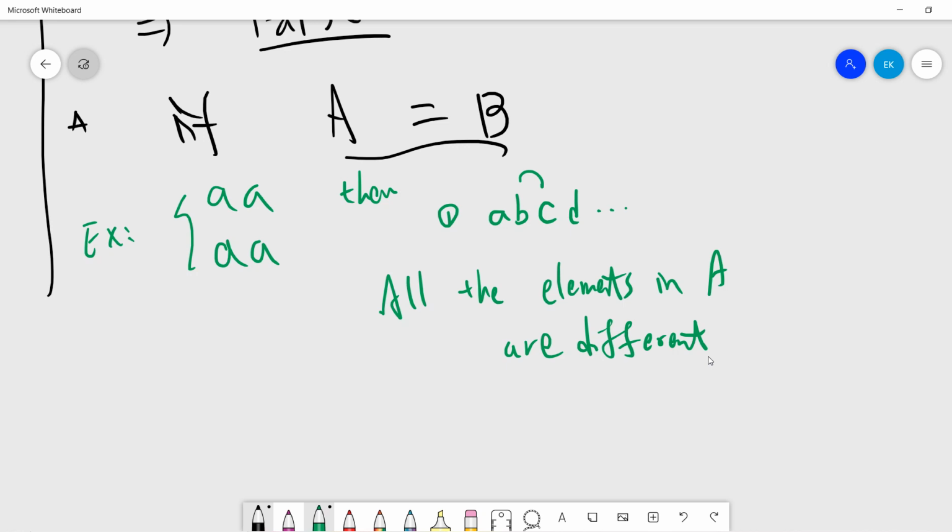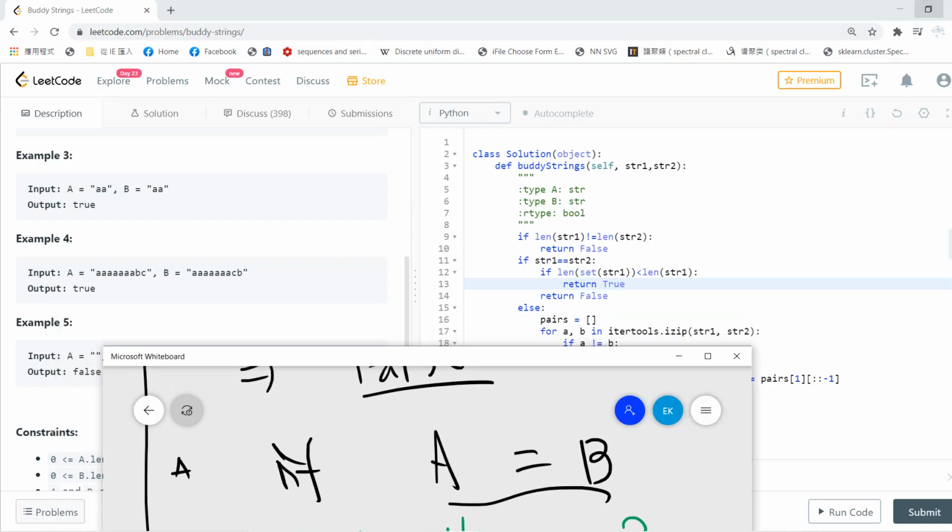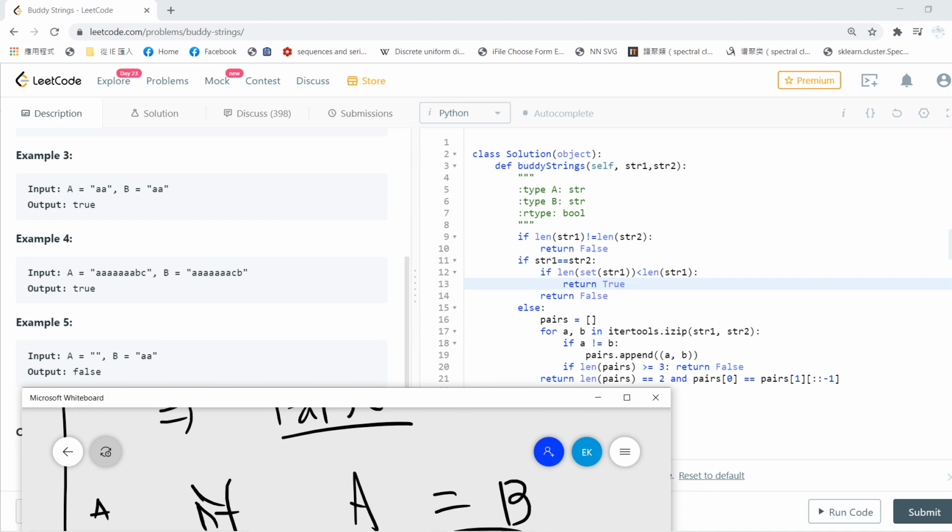However, if there's a duplicate element in A, then you can exchange them. So if they are exactly the same, I take the set and its length. If the length of the set is less than the original, then we return true, because we can swap the same letters, and otherwise we return false.